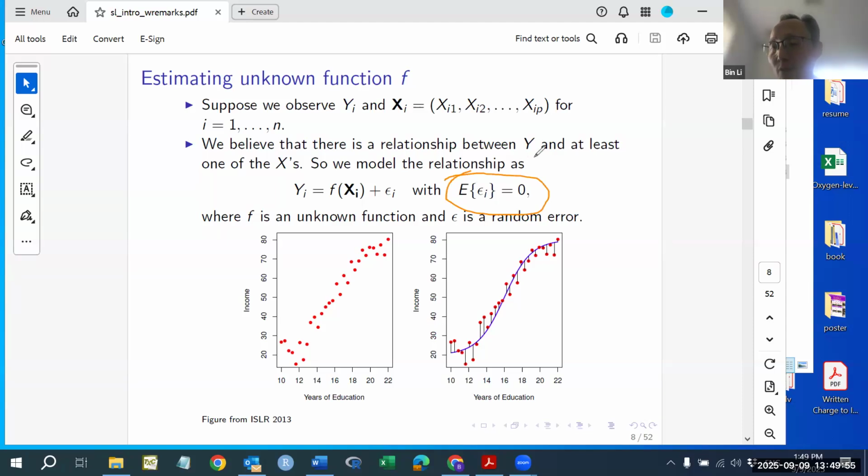So some of the epsilon are positive, but some are negative. But if we add them together, on the average it will be around 0. Besides this assumption, another common assumption is that the variance for the epsilon is a constant.